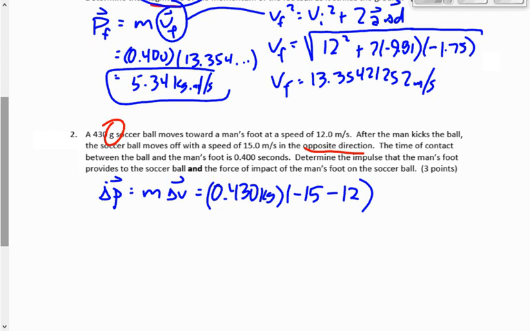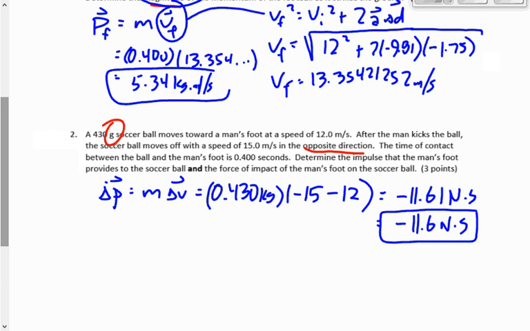In both cases, we get negative 27 here, or we would have gotten positive 27 the other way. We get an impulse of negative 11.61 newton seconds, which we should round to 3 digits, negative 11.6 newton seconds. If you define negative the other way, then you would have gotten a positive 11.6 newton seconds. This doesn't really matter as long as you're consistent for your question.